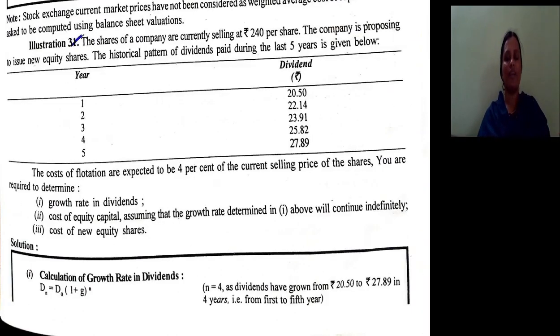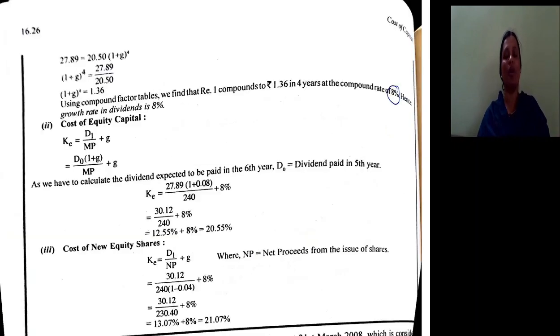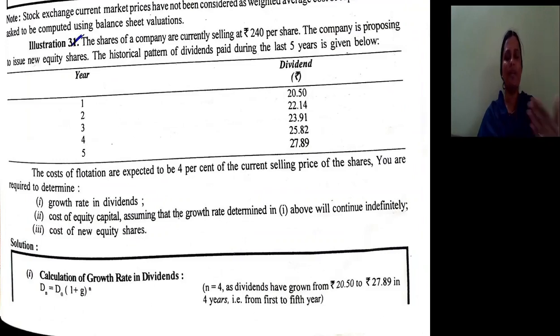So let me take D1 as the 5th year dividend, 27.89. What is D0? D0 is not the year previous to the 5th year. It is the previous year of the given years. The first year is the base year for all the given years.